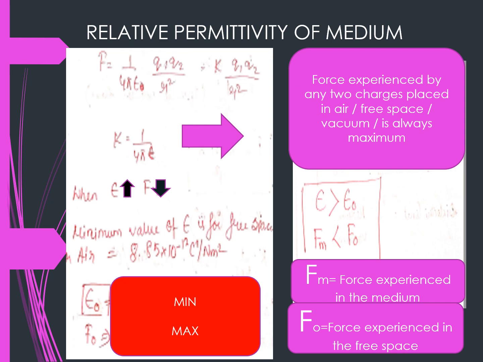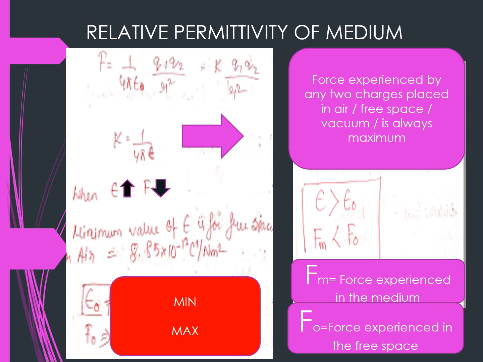The minimum value of epsilon is in air or free space. For air, the value is 8.85 into 10 to the power minus 12 Coulomb square per Newton meter square.